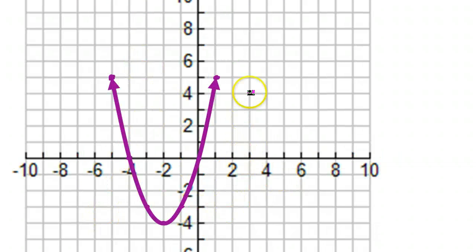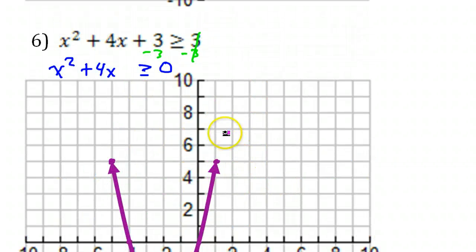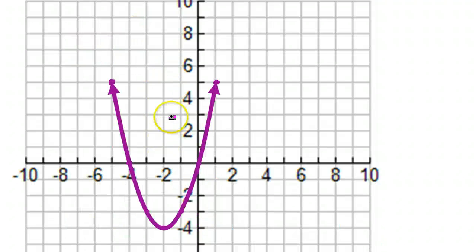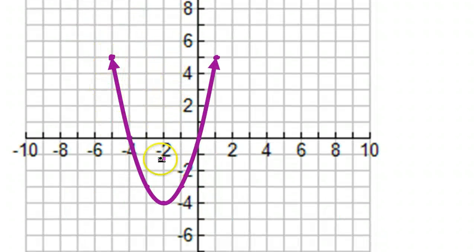Alright, so here's our graph, and let's look back at the inequality. Now, concentrate on this symbol right here, greater than or equal to 0. So it's asking where's the function greater than or equal to 0. In other words, where is this parabola either above the x-axis or on the x-axis.